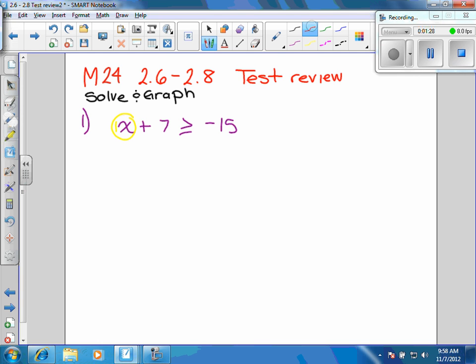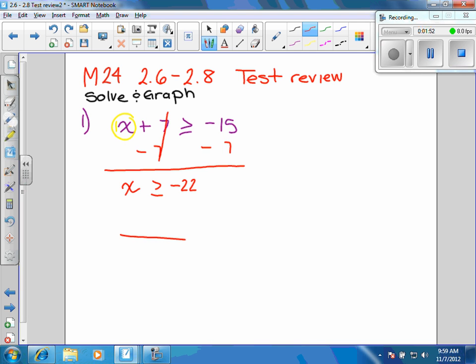So we just subtract, we do the opposite operation. So since there's a plus with the 7, we're going to subtract it from both sides. And these cancel, so we get an x greater than or equal to negative 22. And that problem's complete because the coefficient of x was 1.